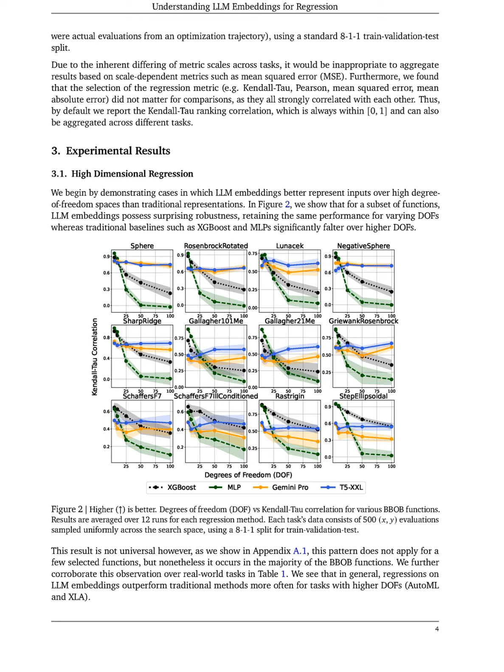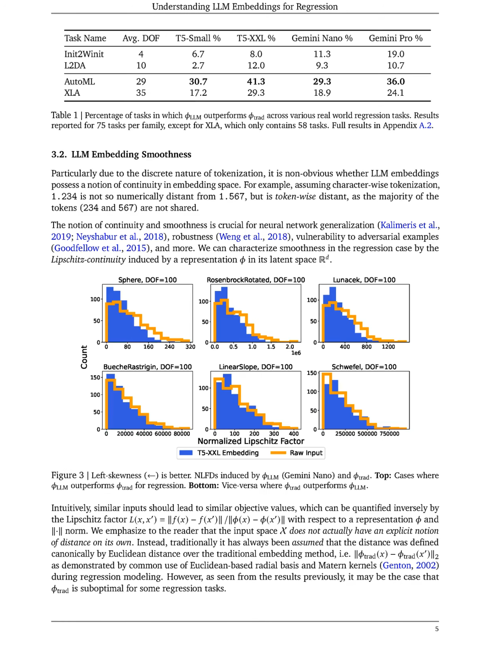Specifically, LLM embeddings demonstrate robust regression performance, maintaining accuracy across varying DOFs, while traditional methods like XGBoost and MLPs struggle as DOFs increase. Additionally, we found that LLM embeddings preserve Lipschitz continuity and smoothness in the feature space, which is crucial for effective regression, a property that traditional representations often lack.